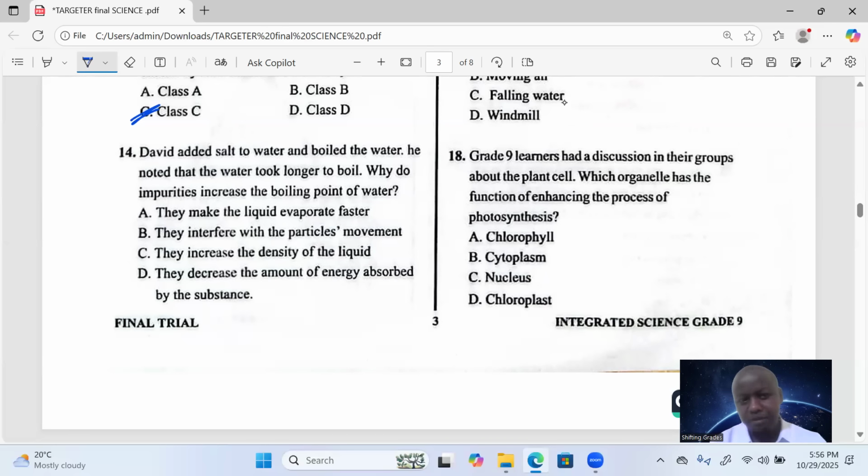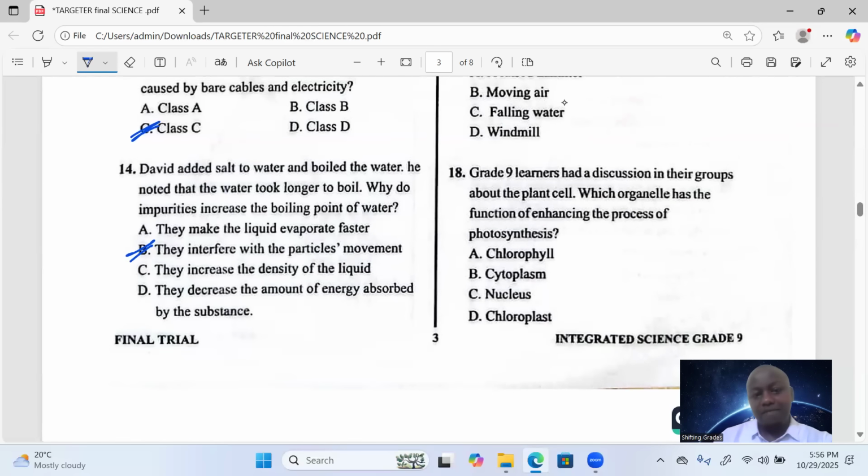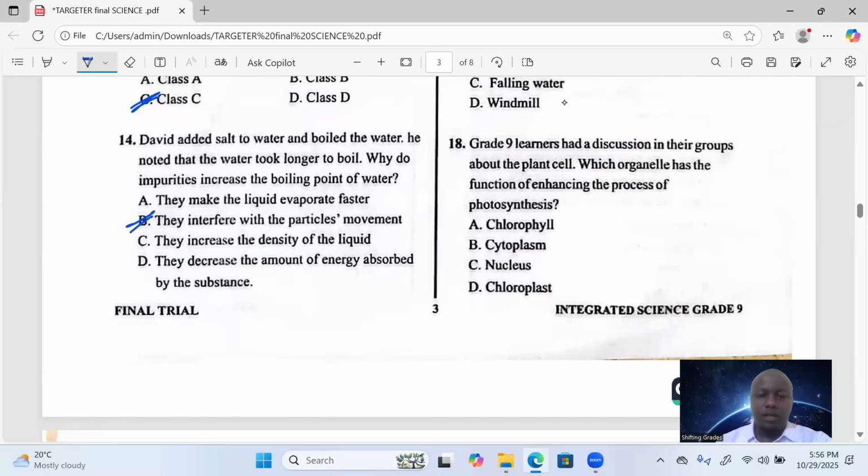Particles should increase their movement until they boil, until they change to gaseous state. Therefore, when you are having other particles there, you'll find that the movement of the liquid molecules is tampered with.